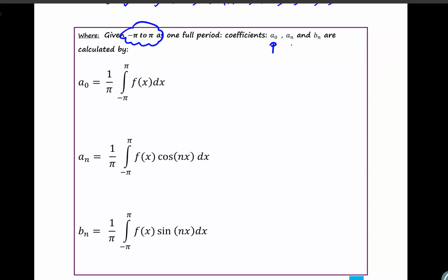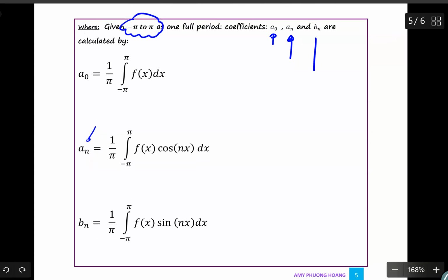To calculate an, again I have 1 over pi multiplied by the integral from negative pi to pi of the function f(x). Because I'm calculating an, I must multiply that with cosine of nx as the argument, and you know that dx is always attached to the integral sign to tell you to integrate in terms of x.